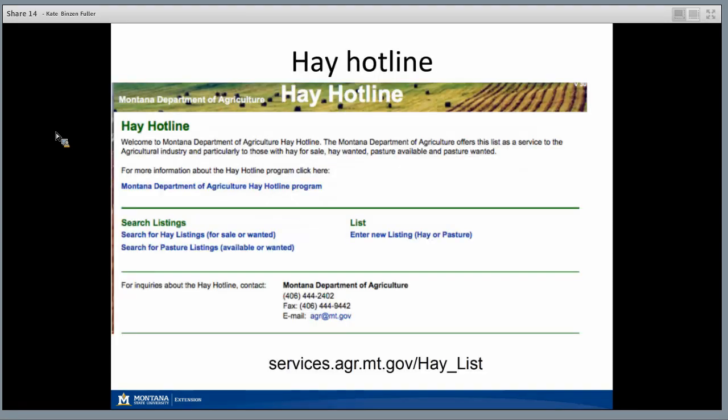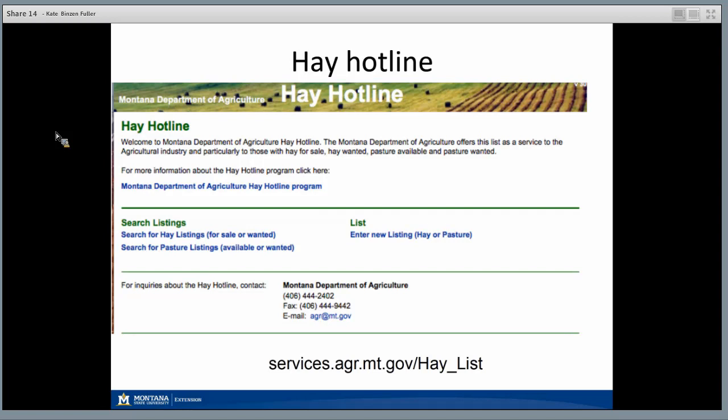So how can you get land if you're looking for a lease or if you're looking for tenants? There are a couple nice resources here in Montana. The Hay Hotline, which is maybe not a place that you'd think to look for land, is a really nice resource for both hay and if you are looking to lease out your pasture or if you're looking for some pasture to lease.